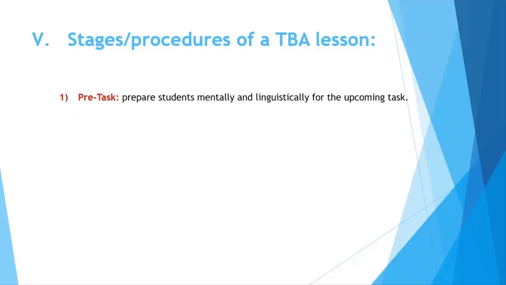Here the teacher prepares students for the upcoming tasks by activating their schemata or background knowledge and contextualizing the topic of the lesson by using, for example, brainstorming and elicitation.